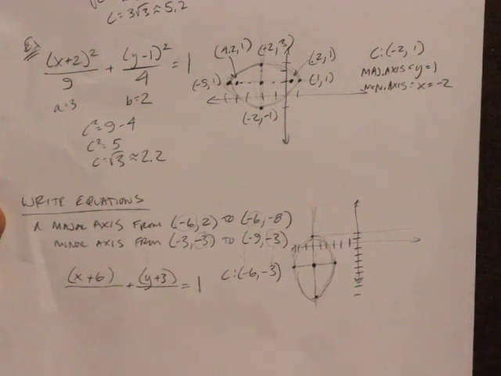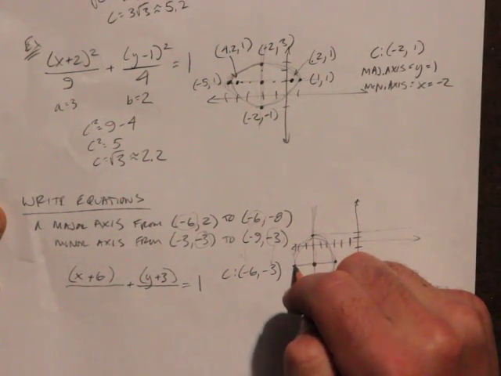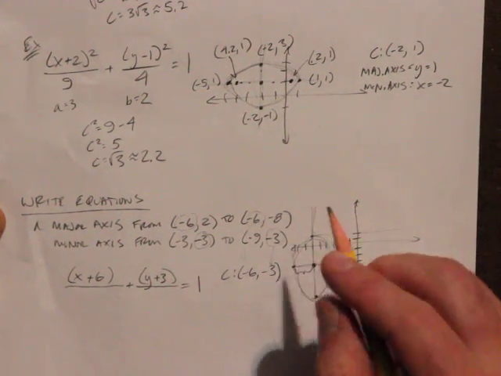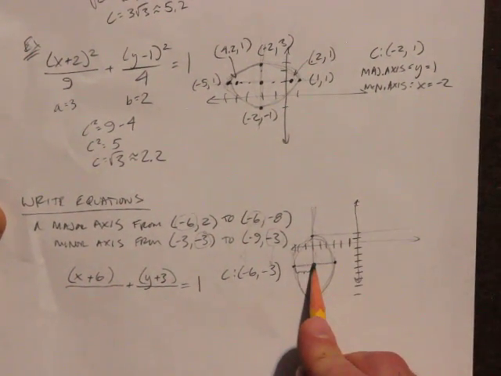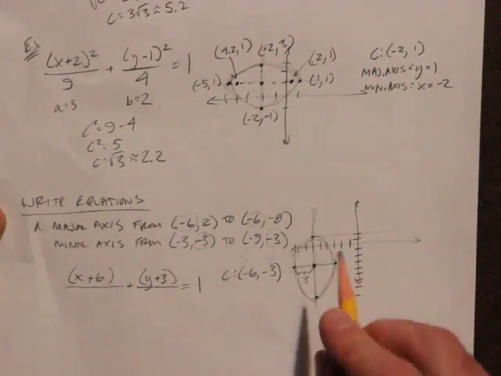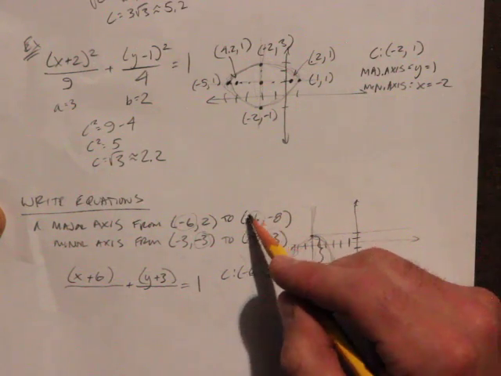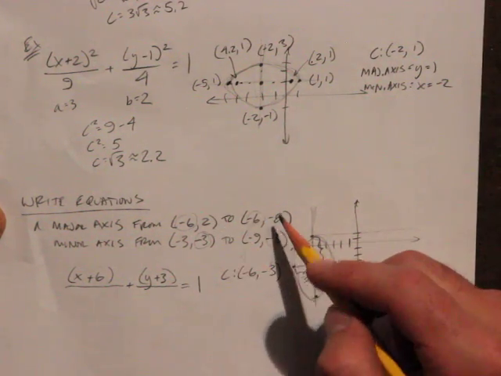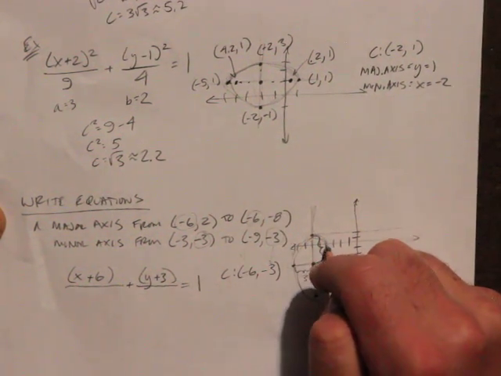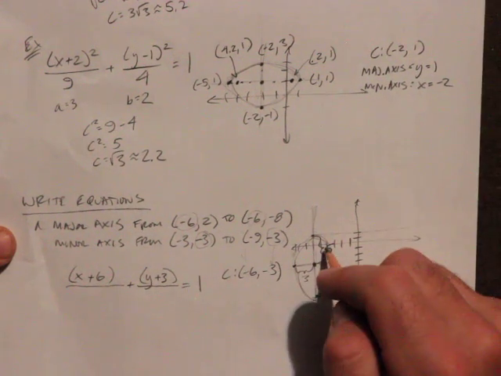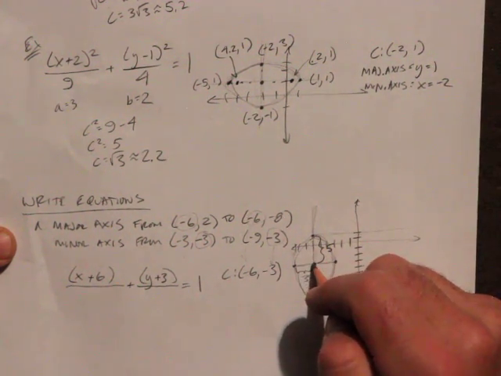And what do I do down here? So the distance from here to here is 3, because this is 6 and this is 9, so this is 3. And the distance from here to here, halfway there, is 5. Right? So that distance is 5. 1, 2, 3, 4, 5.